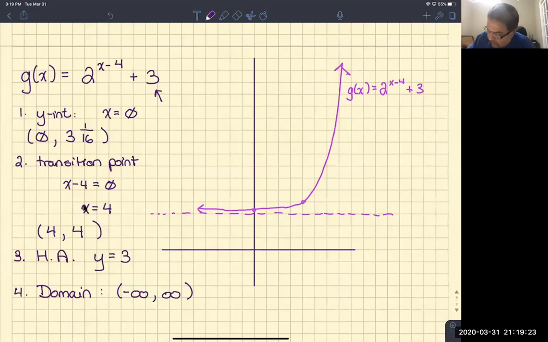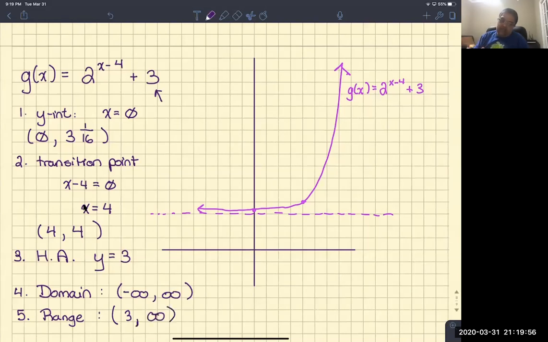Now the range, well, how do I look at a graph and determine its range? The range will be basically from your asymptote all the way to infinity. The asymptote is at 3, so my range is from 3 to infinity.